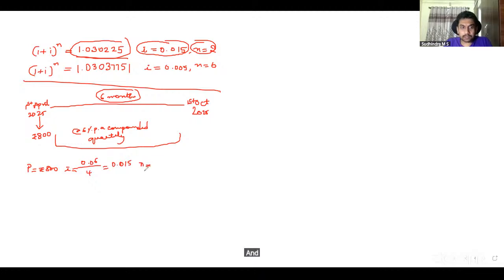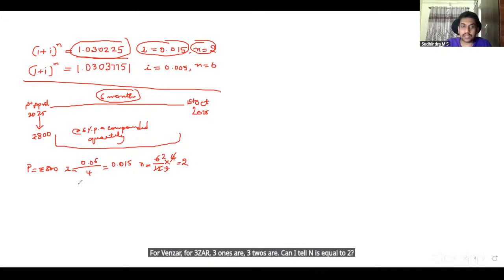And what is n? 6 by 12 is the time, multiplied by 4. So n is equal to 2. Apply the formula. Amount is equal to P into 1 plus I to the power n.